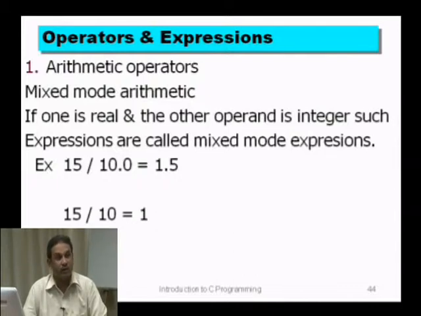For example, 15 is of type integer and 10.0 is real, so the result will always be of type real: 15 by 10 is equal to 1.5. If both are integers, the result will be 1. Such expressions we call mixed mode arithmetic or mixed mode expressions.